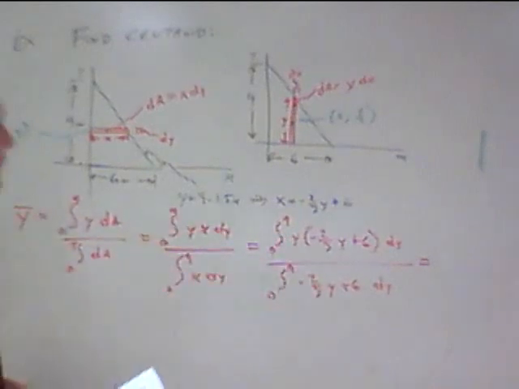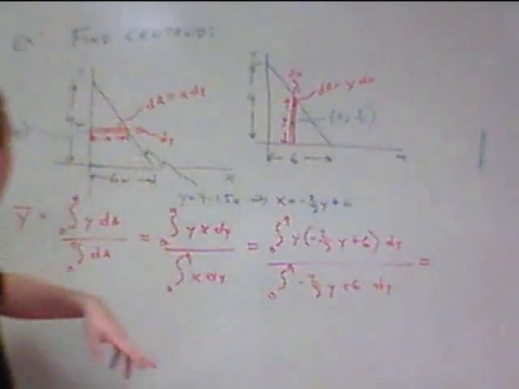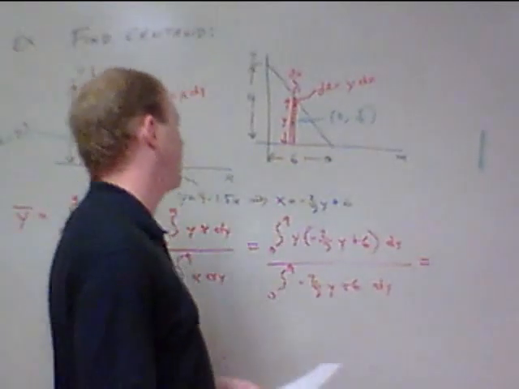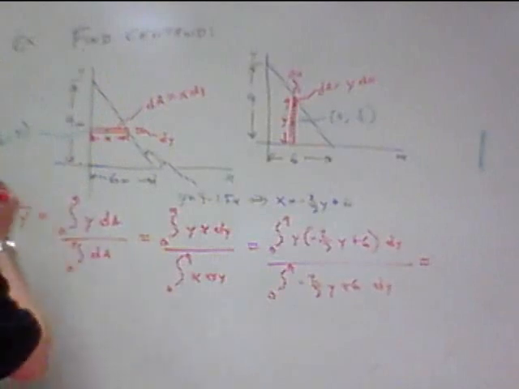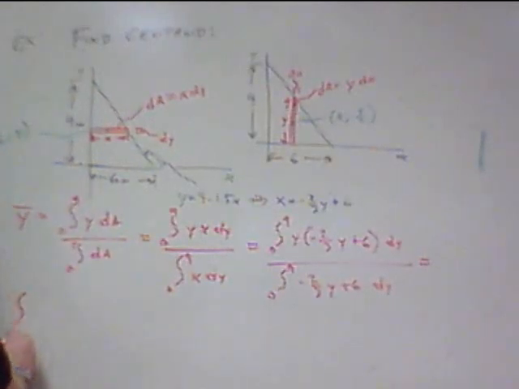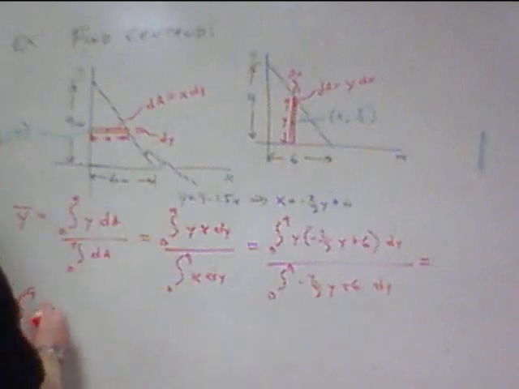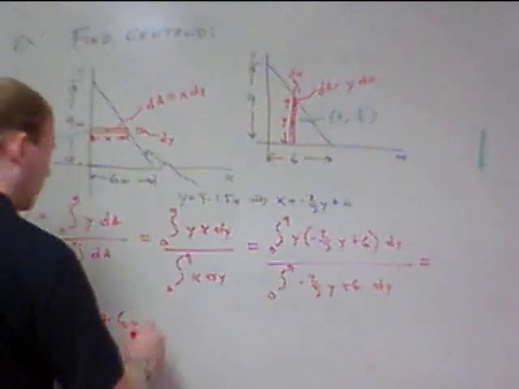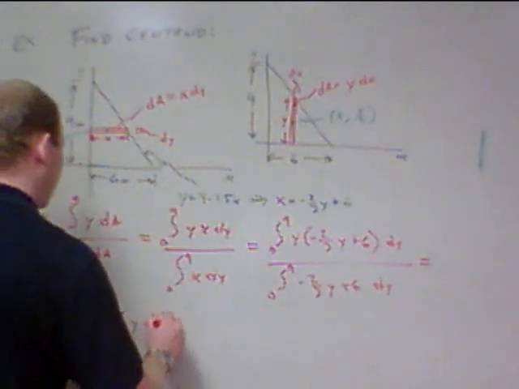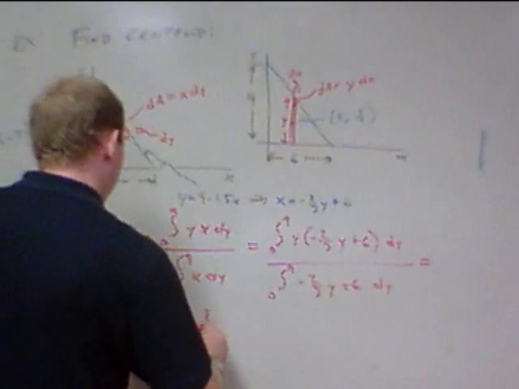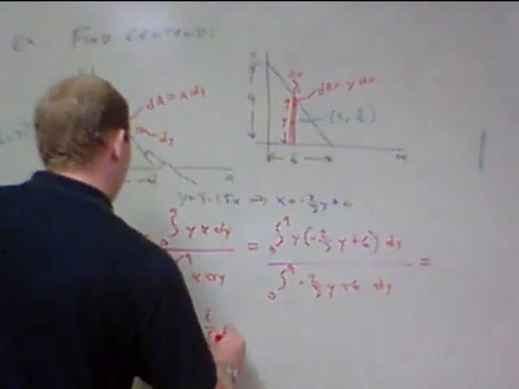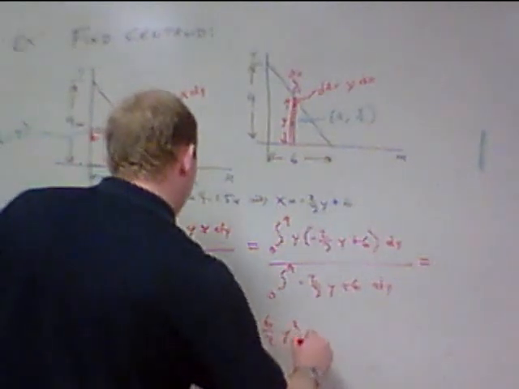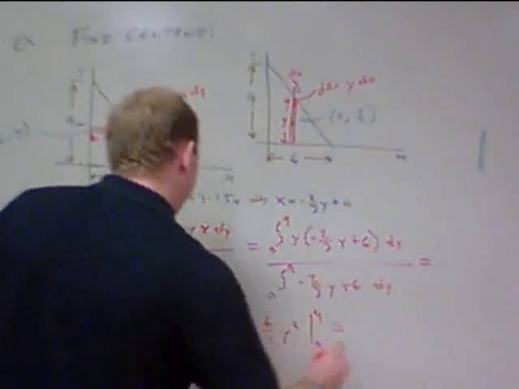So picking up where we left off, I'm integrating, again, the numerator. I have the integral for the numerator and the integral for the denominator. I will look at the numerator alone here. So that's the integral from 0 to 9. Distributing the y through is minus 2/3 y squared plus 6y dy. Well, that ends up equaling minus 2/9 y cubed plus 6 halves y squared, integrated from 0 to 9.